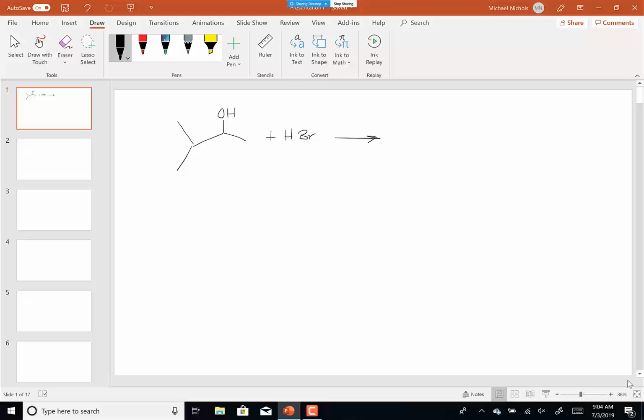So the first step is going to be to do what? So the electron arrow from the O to the H. Right. So I'm going to protonate the OH. So if I protonate the OH, I have an oxonium ion.